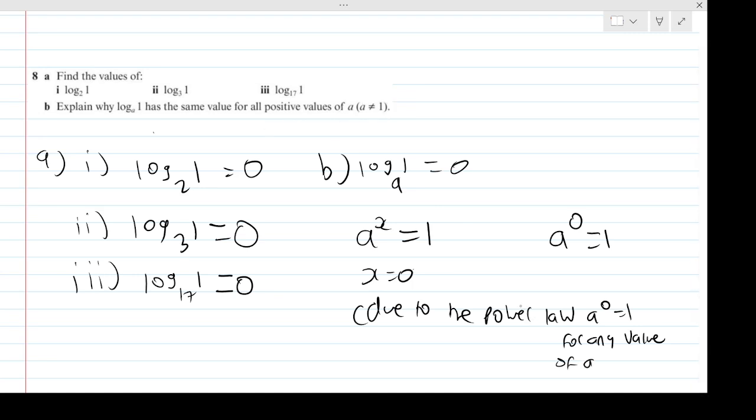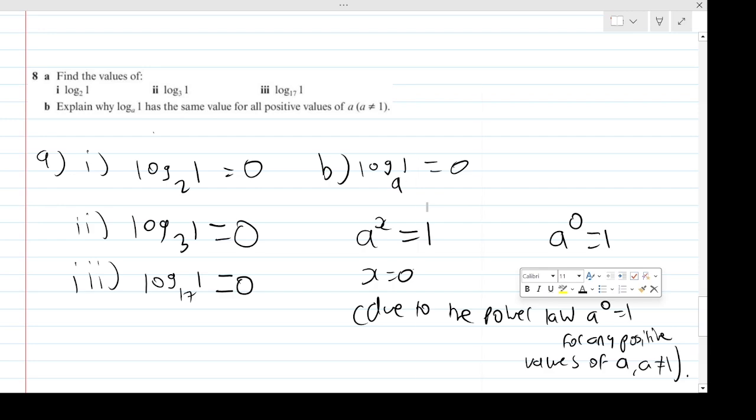Okay, so I should be more specific: for any positive values of a, and a isn't equal to 1. So anything to the power of 0 will always get me 1, and so that is the reason why.